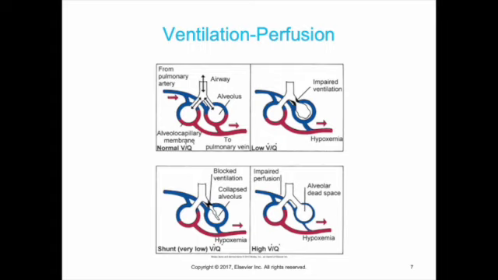This type of hypoxemia can be completely corrected if we can improve the alveolar ventilation. How do we do this? If we can increase the rate and the depth of someone's breathing, we can correct alveolar ventilation.